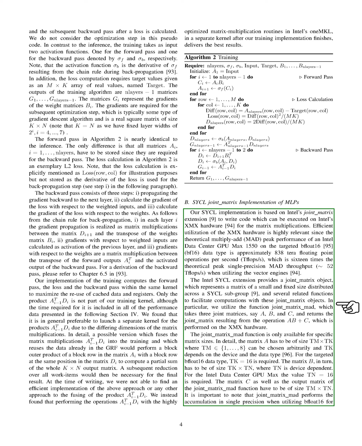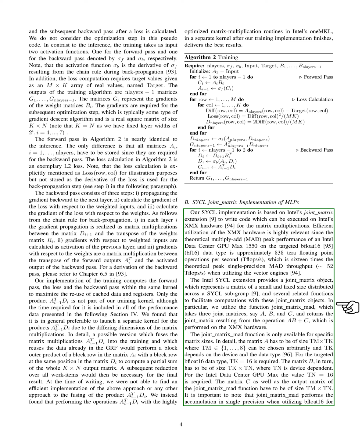For joint_matrix_mad to work, the matrices involved need to have specific sizes. Matrix A must be of size TM×TK, where TM can be chosen from 1 to 8, and TK depends on the device and data type. Matrix B must be TK×TN, and TN is device dependent.